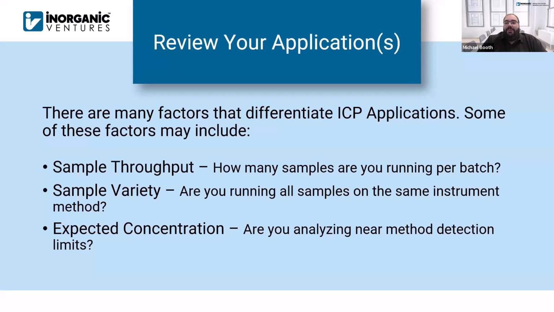We've talked to a lot of people that will show up to work one morning and they'll have a mystery package on their desk and they have no idea what it is, and that's their samples that they're running for the day. And then lastly, you need to think about what's the expected concentration range with your method that you're wanting to analyze. So are you trying to measure near either instrument or method detection limits? Because that can be a little bit tricky to pull off, and you want to make sure you have the right standards for that approach.